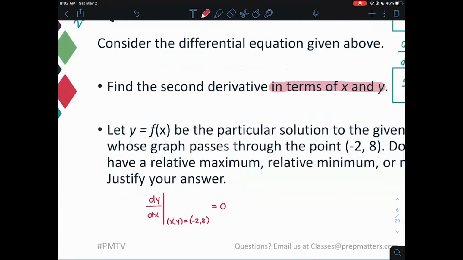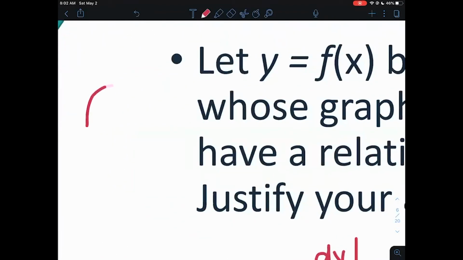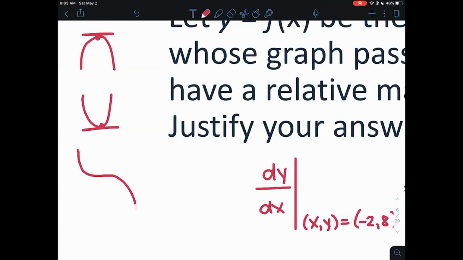But that is not enough to actually answer the question yet, because we would now be in 3 situations. At a maximum point, so here's our potential -2, 8, we do have a derivative of 0. At a minimum point, we have a derivative of 0, but we also have a derivative of 0 at a point like this. And right now, -2, 8 could be any of those.